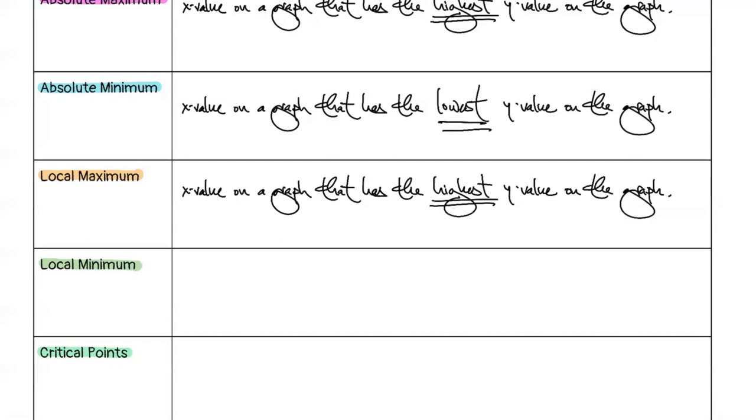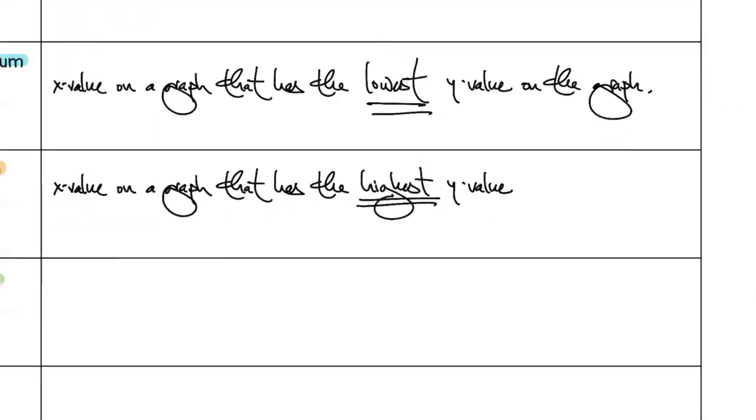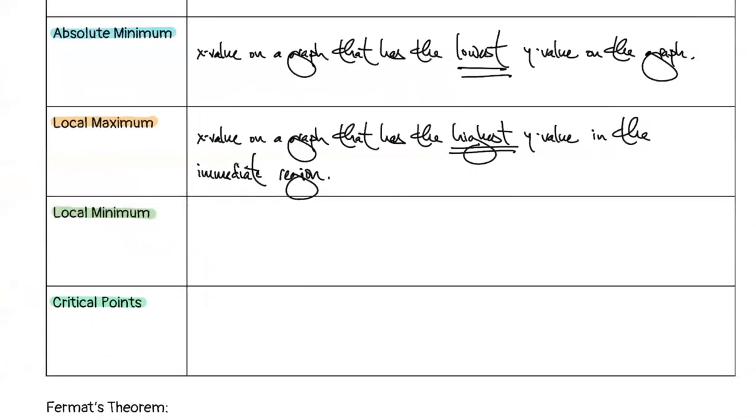Yeah, exactly. So we're looking for an X value on a graph that has the highest Y value, not on the whole graph, but in the immediate region. Right? So immediate means like right in that neighborhood. Okay, so it's in the neighborhood of that X value, that Y value is the highest, but it is not the highest everywhere.